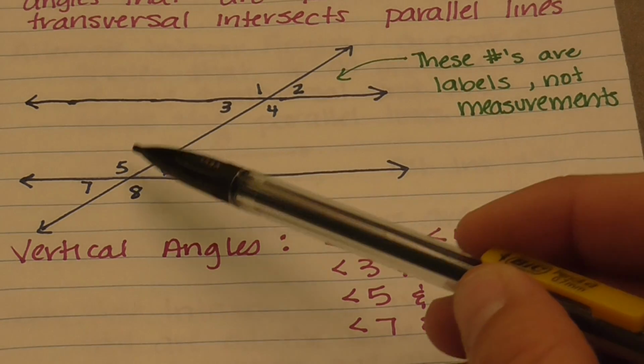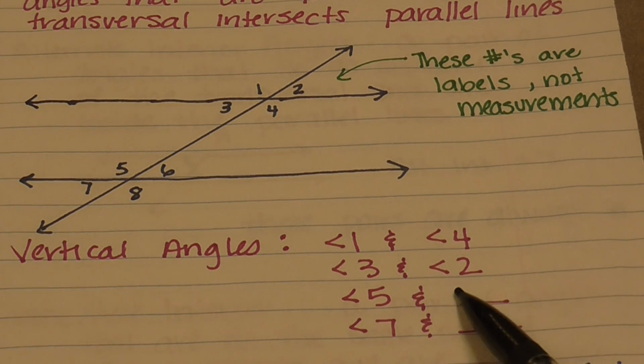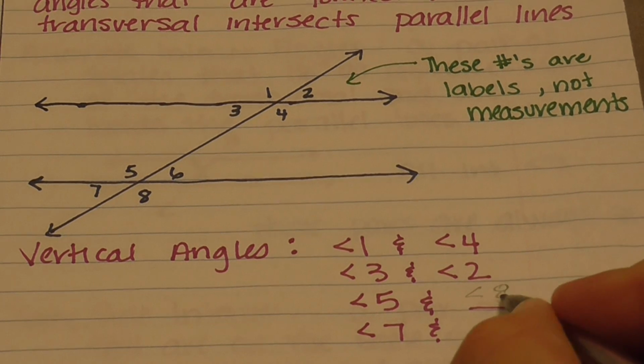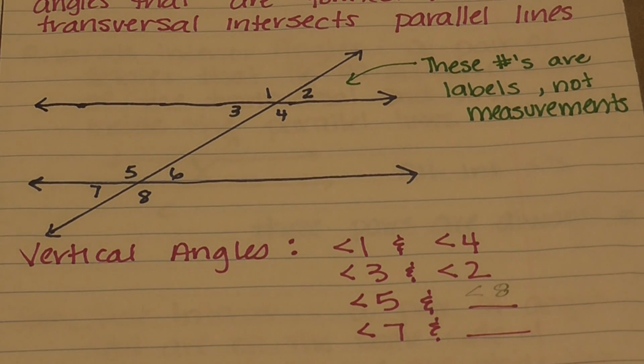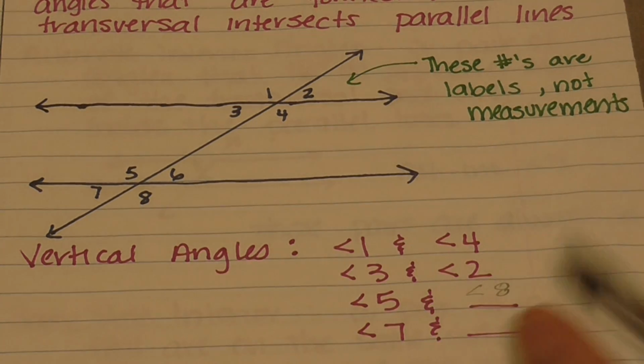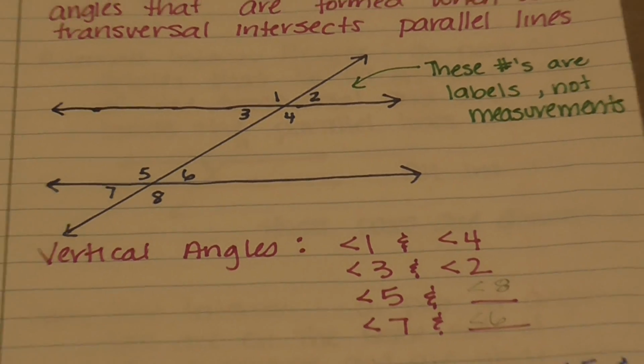Angle 5 is going to be vertical to angle 8, so you need to fill in angle 8 right here. And angle 7 is vertical to angle 6. That's the one right across from it. So that's going to be an example of vertical angles.